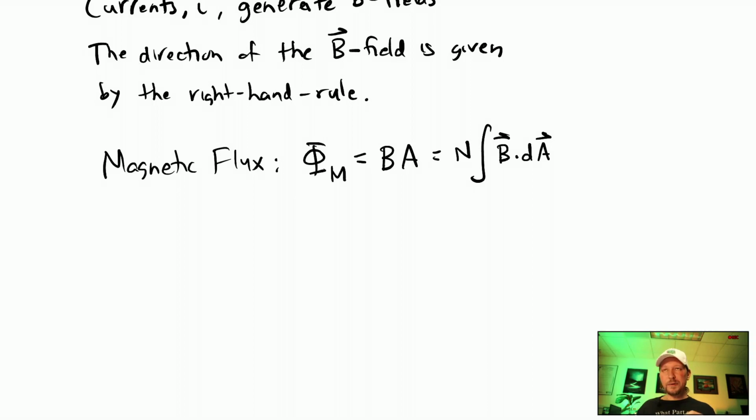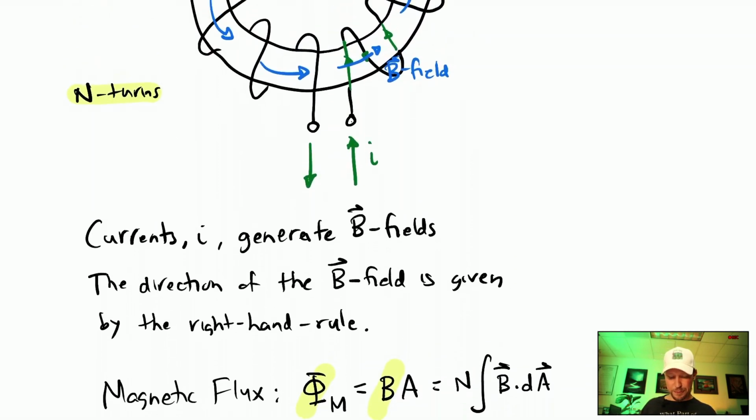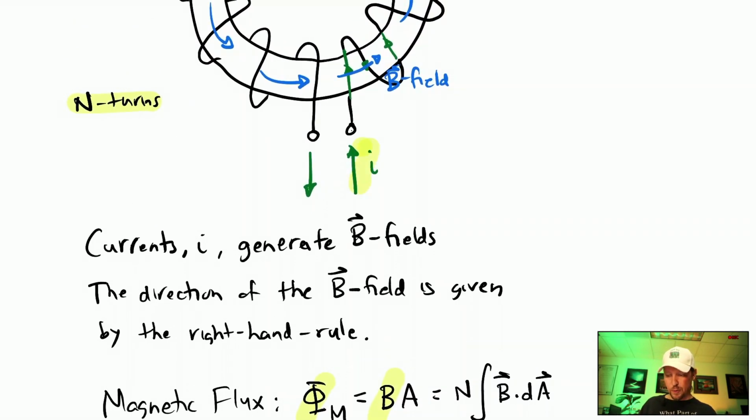Now, the reason this is important is notice that the magnetic flux here is proportional, and this is the important part, it is proportional to the magnetic field. And hopefully one of the things that you should have learned in physics is that the magnetic field is proportional to the current that's flowing through your coils.